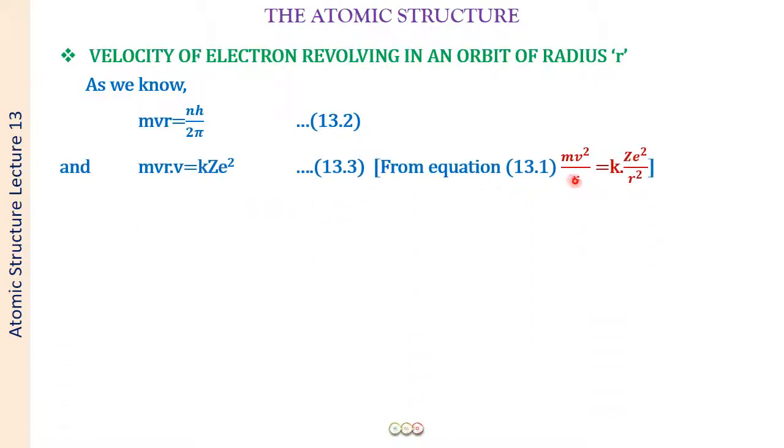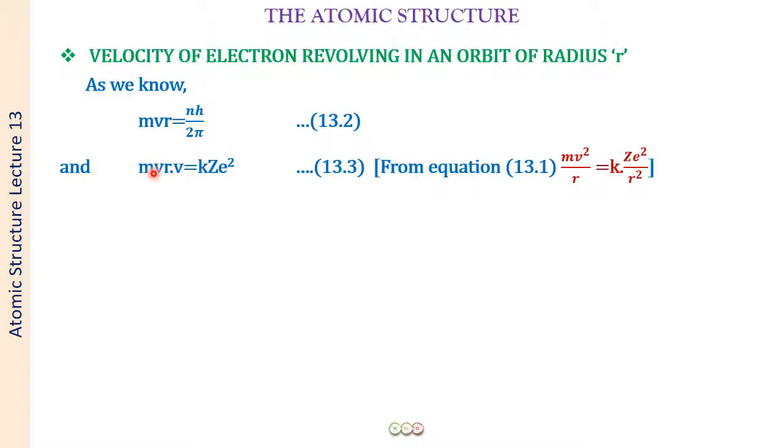From the first equation, that is Rutherford's equation, what we have is mv square by r is equal to kze square by r square. So r and r, one can cancel. The remaining r we can take to the other side. It would become mv square r is equal to kze square. And we can write mv square r as mvr into v. And now we know that mvr is nh over 2 pi.